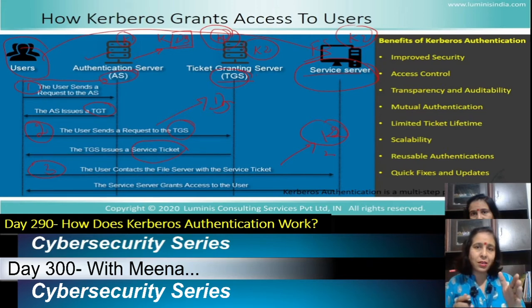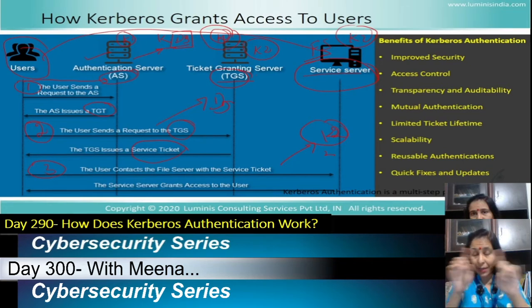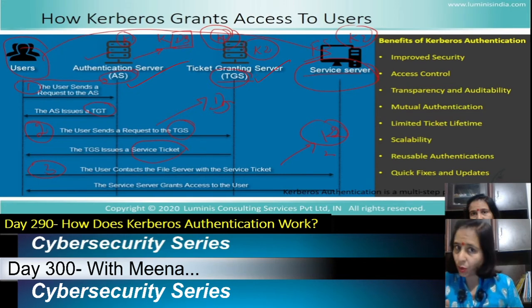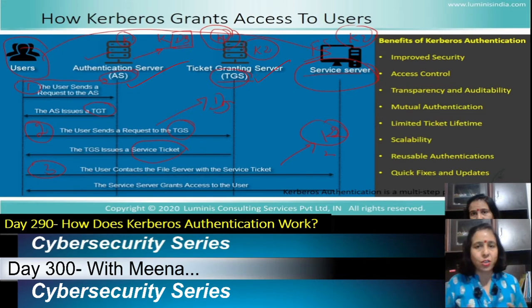Basically there are three main components of Kerberos, collectively called the key distribution center: the authentication server, the ticket granting server, and the Kerberos database, which is not in this picture. So it is using a wonderful way to authenticate the user.